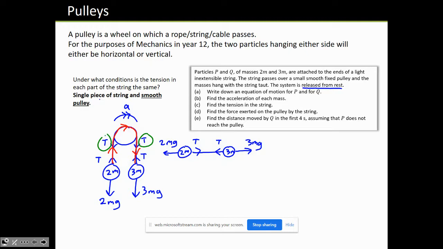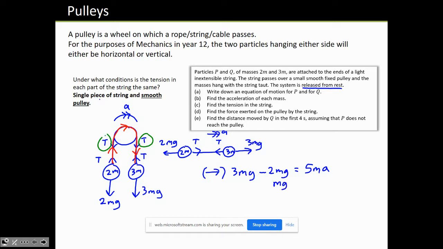And if I now resolve my forces in this direction, you can see I'm accelerating in this direction. So when I resolve my forces, 3mg take away 2mg is equal to my total mass, 5m, times my acceleration.